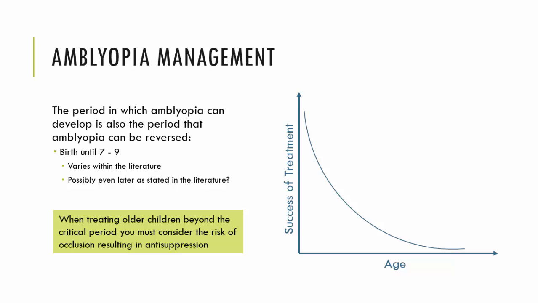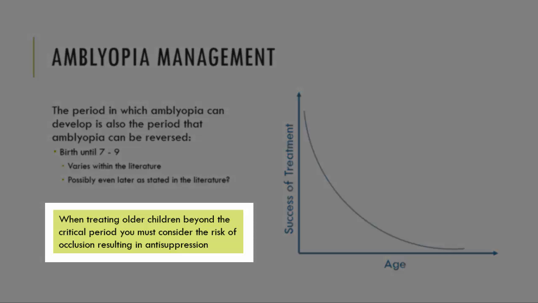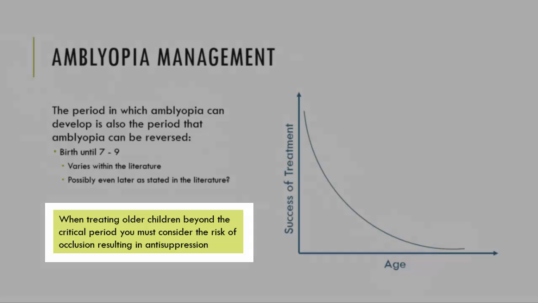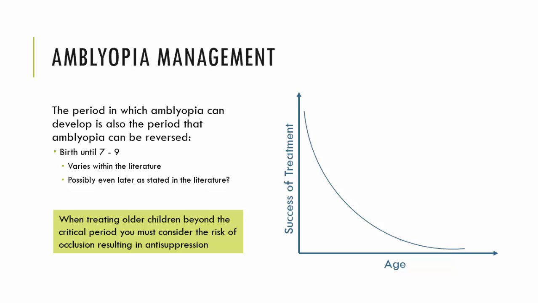One other point I want to make before moving on is if you treat a patient beyond the critical period, so say at the age of 10 or 11 or 12, then you run the risk of anti-suppression. So if your patient has central suppression or a peripheral suppression from strabismus, so we have, say for instance, a suppression scotoma between the CIP and fovea, occlusion in and of itself can cause anti-suppression.